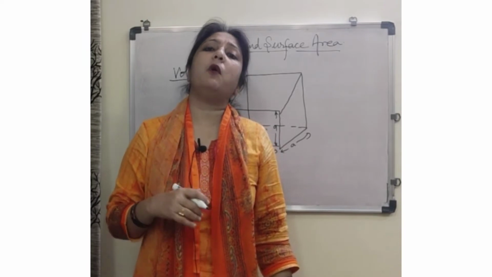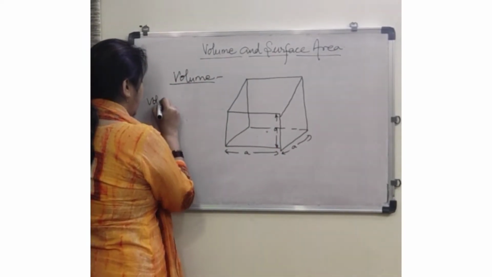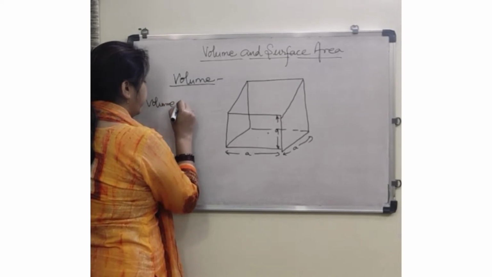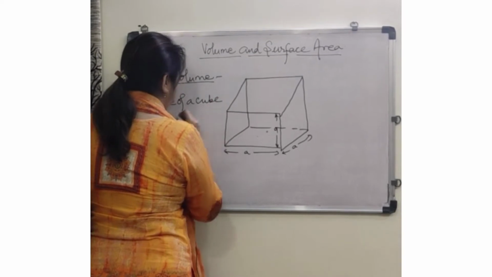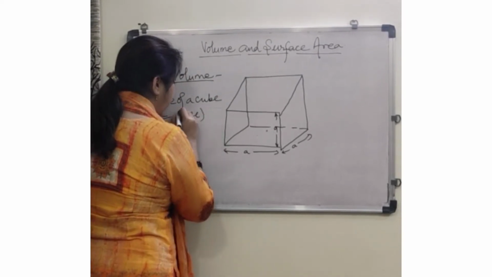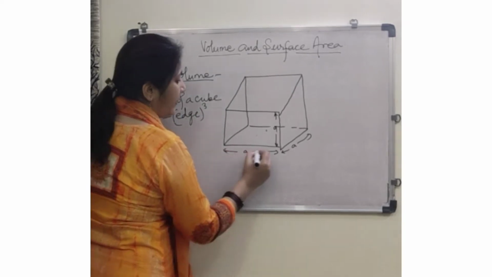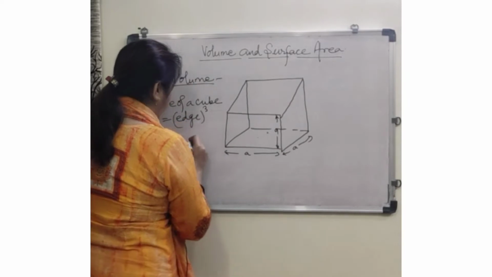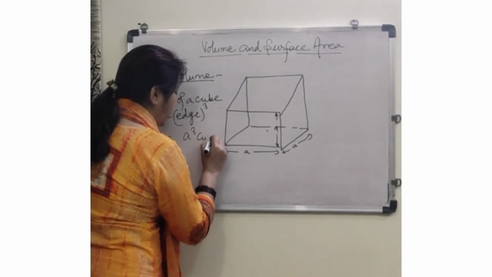So volume of a cube is equal to edge cube. We don't say side, we say edge. Here we have assumed edge as A unit, so we write A cube cubic units.